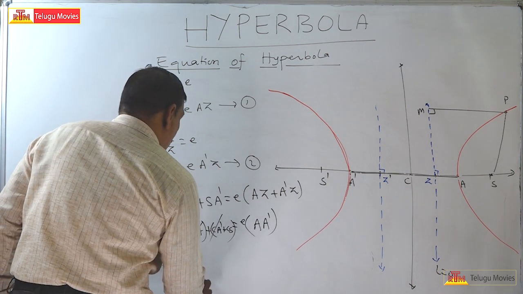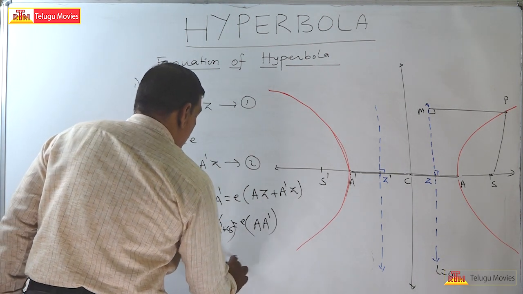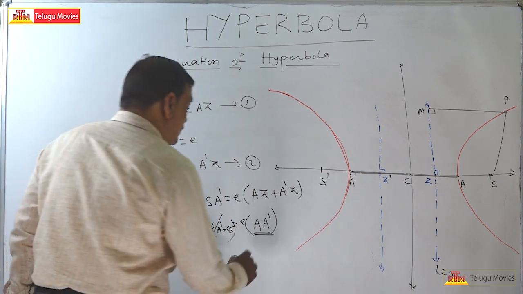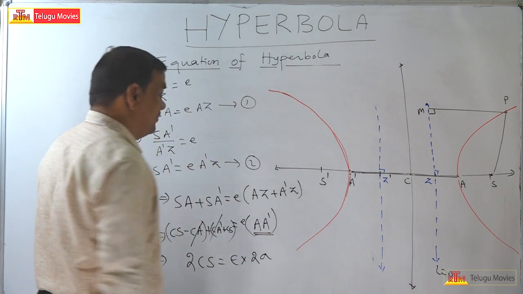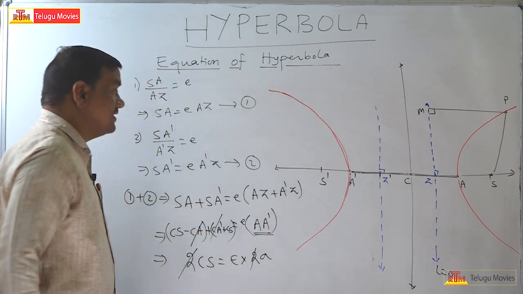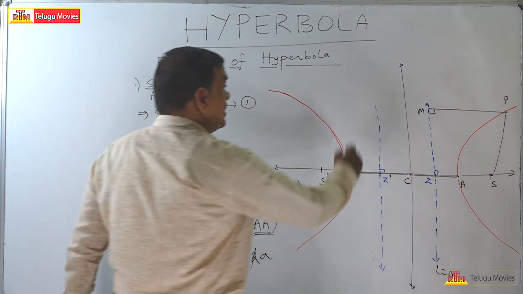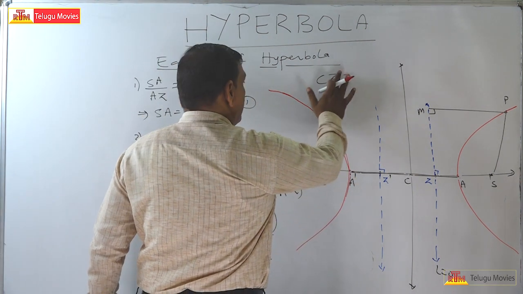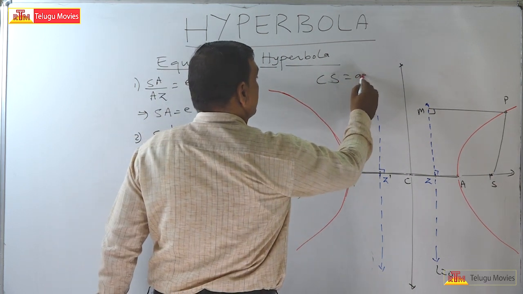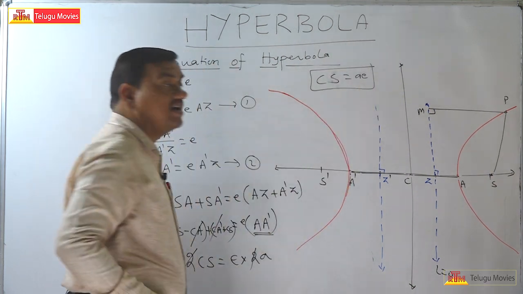That means 2CS is equal to E into AA dash, which I have already taken as 2A. So the 2 gets cancelled. I got the relation CS is equal to AE. This is the second relation we got.